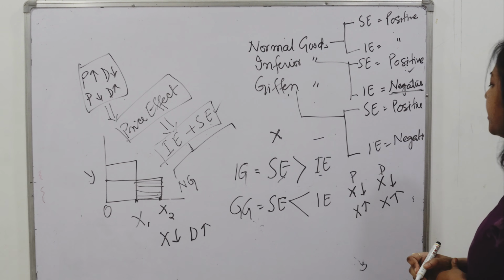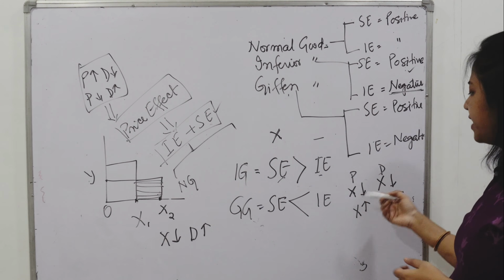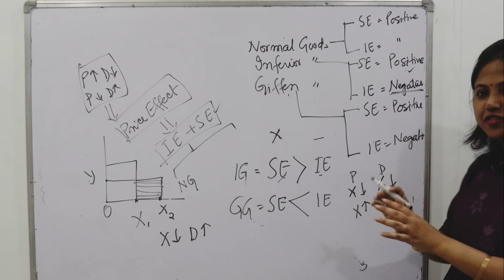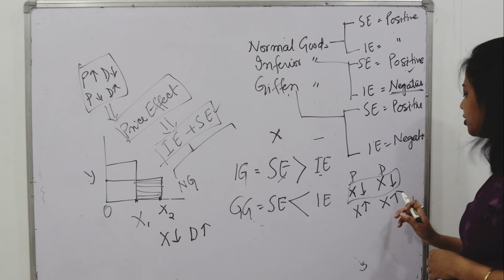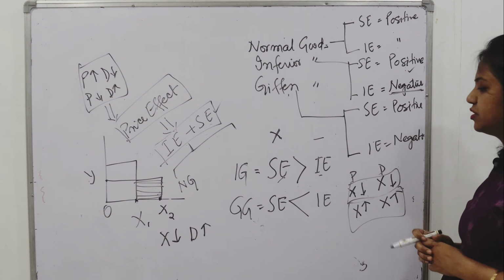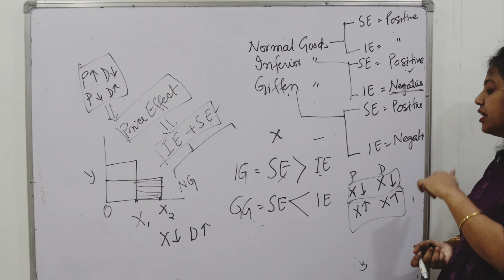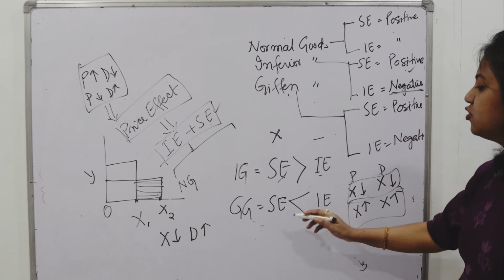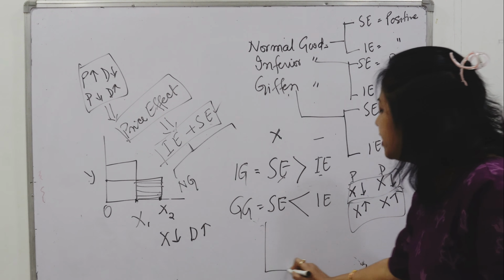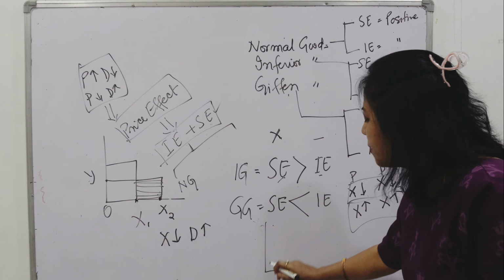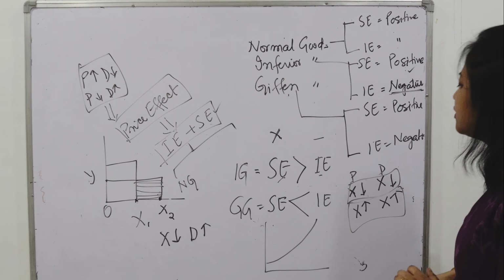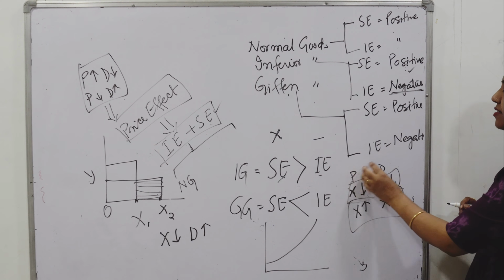So what is happening here? Whatever the price is, it shows a positive relationship. So that's why in case of a Giffen good, the demand curve, instead of sloping downwards, slopes upward. It shows a positive relationship between price and demand.